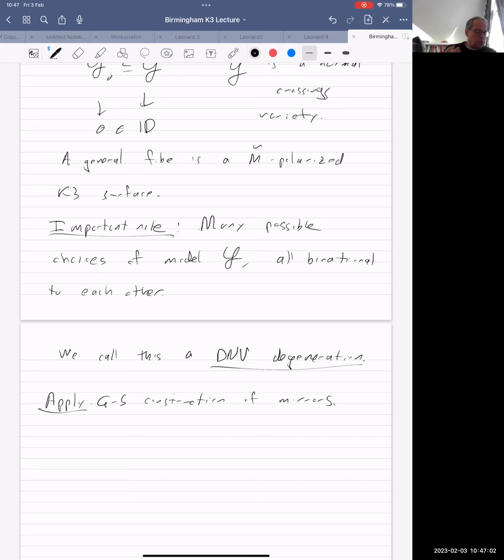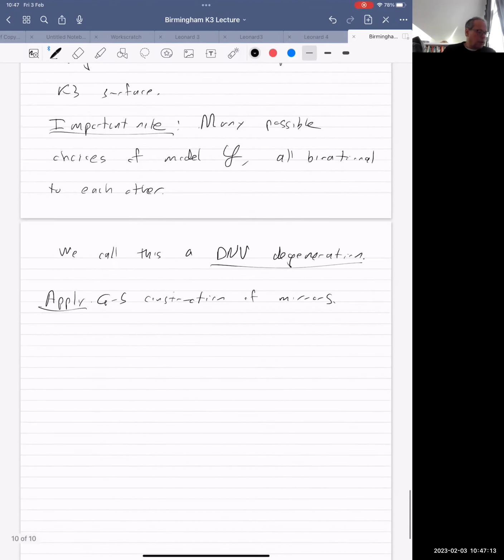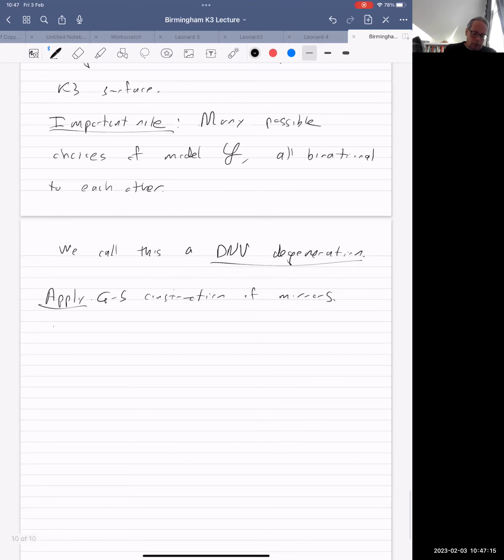This involves a certain amount of work. One has to first choose some data.